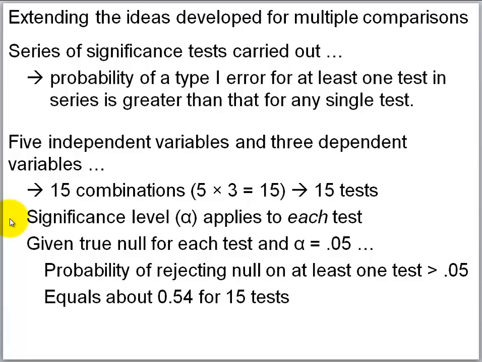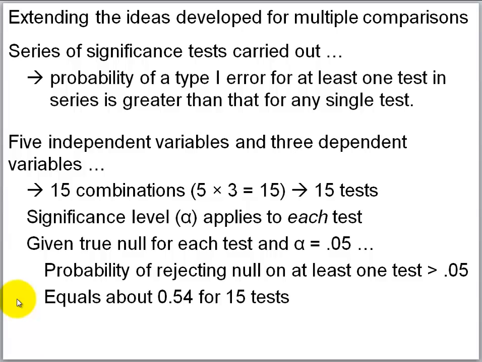So if we presume that the null is true for each test and set alpha to 0.05, the probability of rejecting the null on at least one test is greater than 0.05. As a matter of fact, that probability equals about 0.54. So you can imagine a situation where the null is true in each of 15 tests that are carried out.